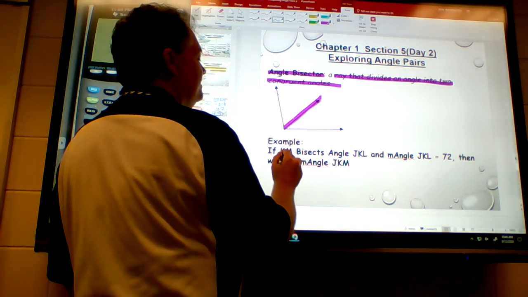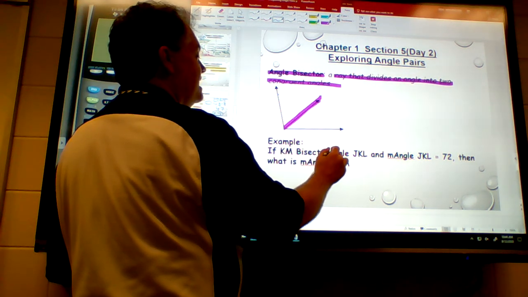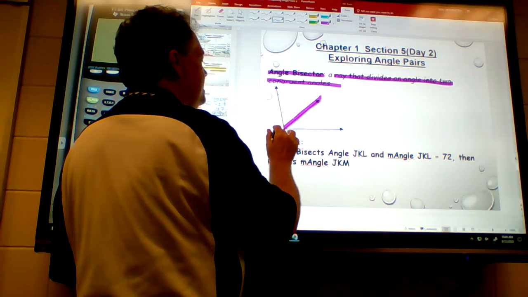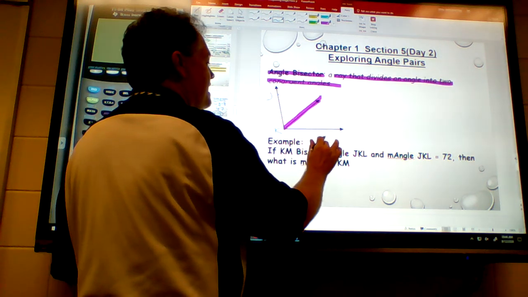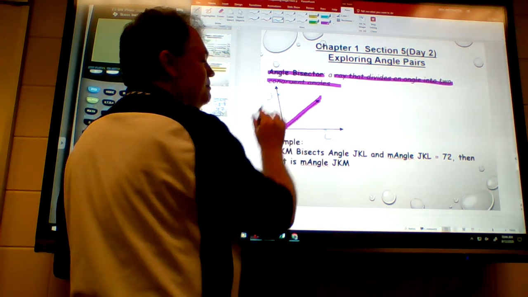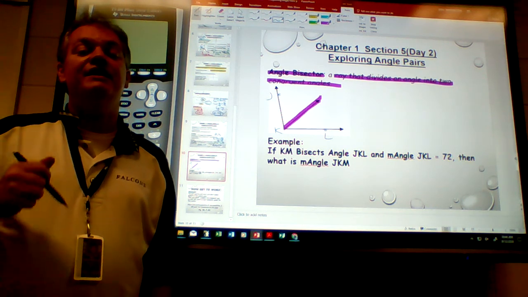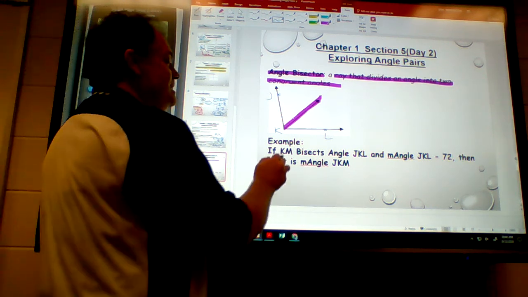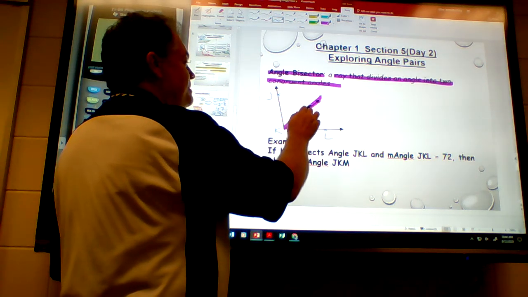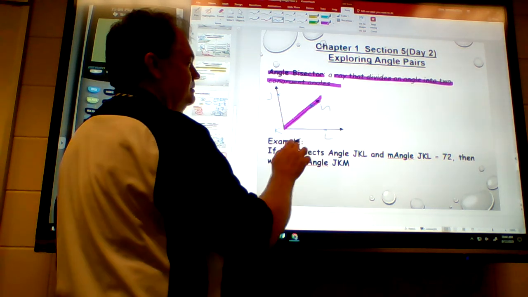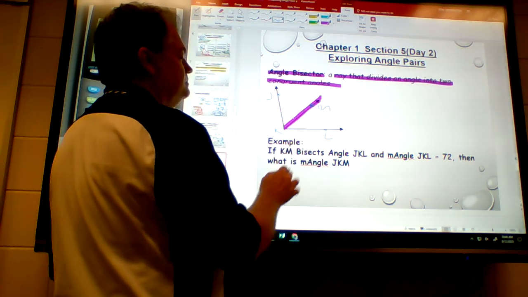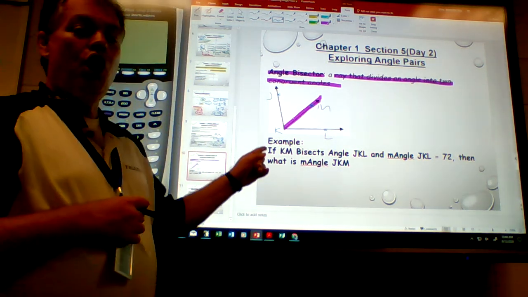Here's all the data. If KM bisects angle JKL, so this is J, that has to be K, and that has to be L. You have to read the problem carefully because sometimes you'll be asked to put the data in there by yourself. All right, and it says KM, that means that this has to be M. So that's M right there. And this is all from the data.